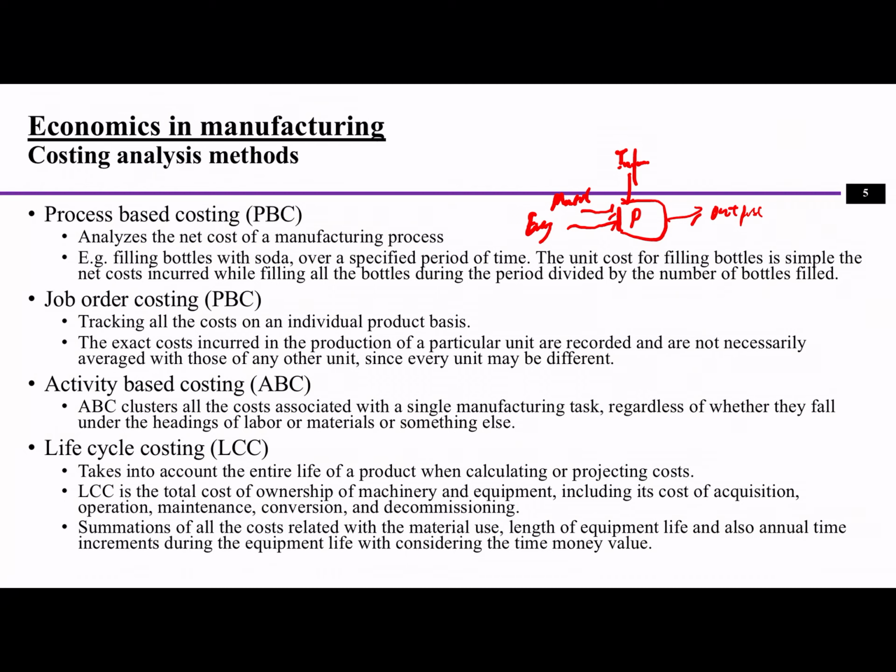Okay, and the last one is life cycle costing. Life cycle costing mainly deals with a product, equipment, or a certain project. You take into account the entire life of the project, equipment or product and calculate the costs.